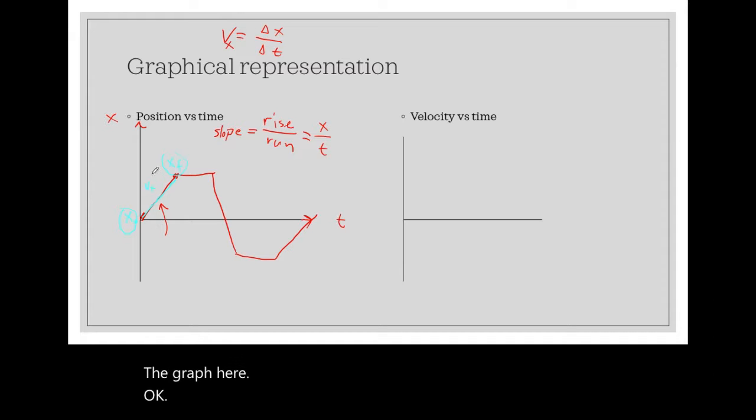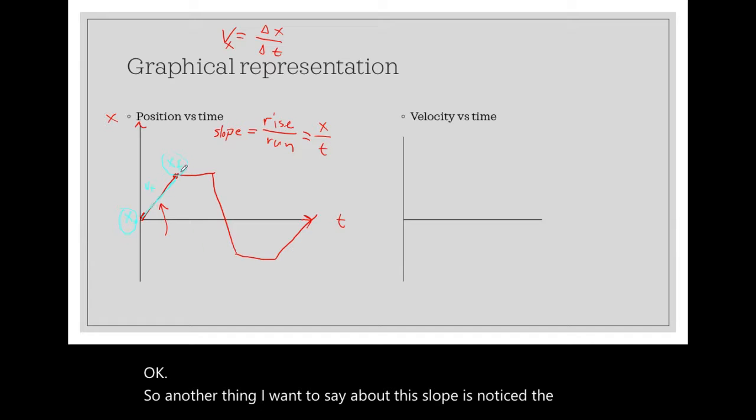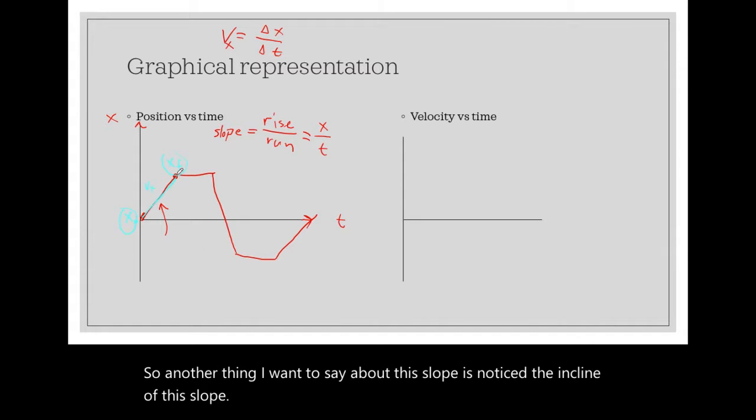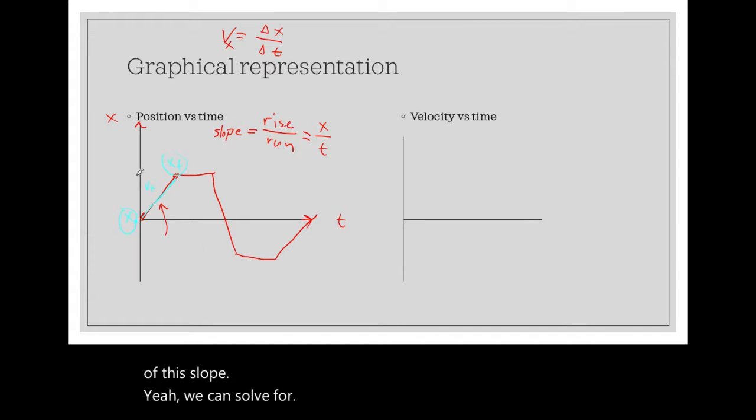Another thing I want to say about this slope is, notice the incline of this slope. We can solve for the velocity of that slope if there were numbers, like this here was 10 and this here is 20 seconds.